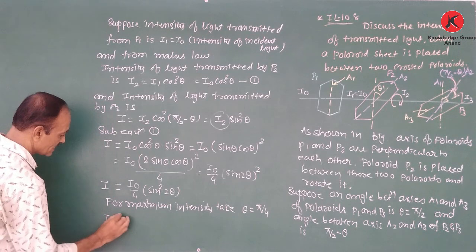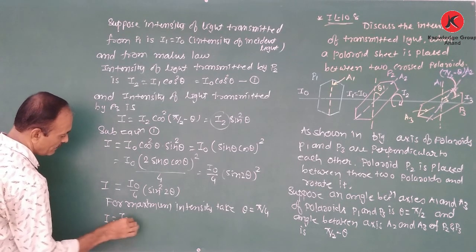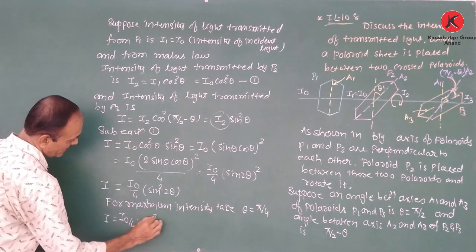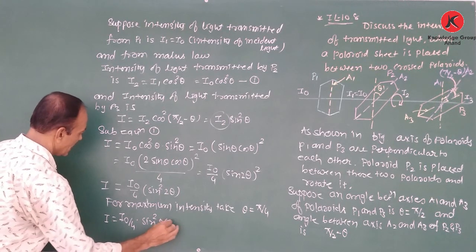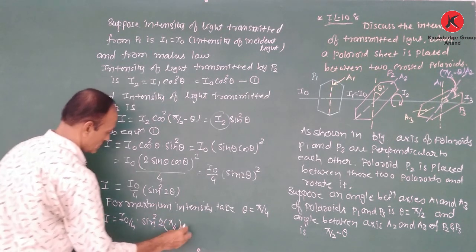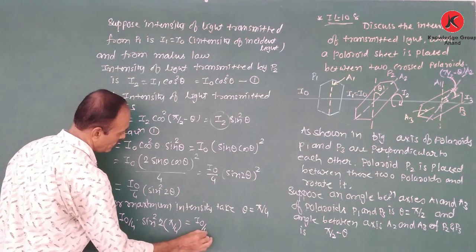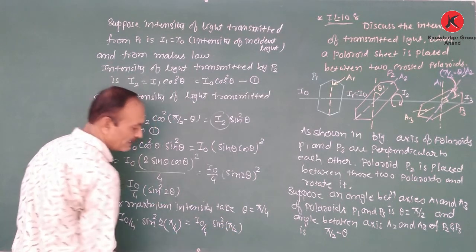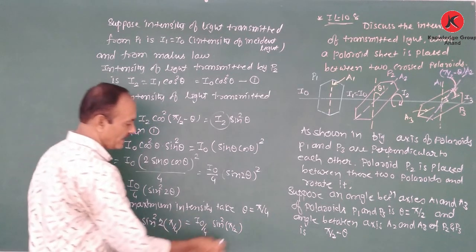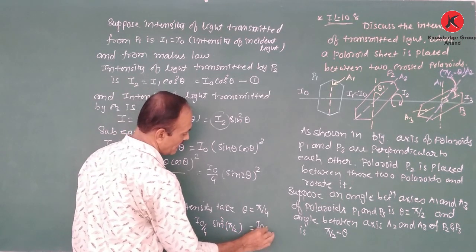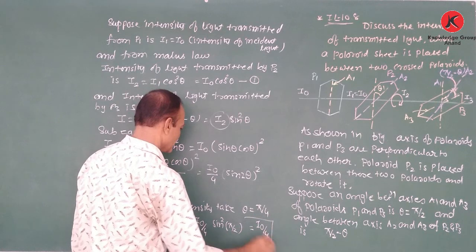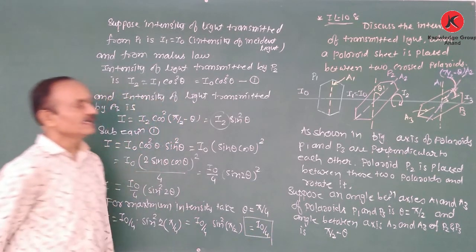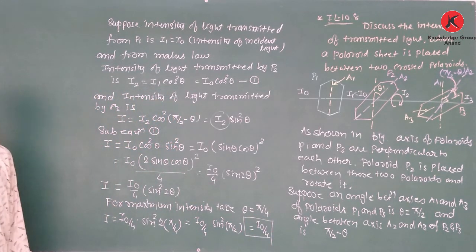Therefore, I is equal to I0 by 4 into sin square 2 theta, where theta is pi by 4. Therefore, I0 by 4 sin square pi by 2. Sin pi by 2 is 1, and the square of this is 1. Therefore, I0 by 4 is the intensity of light emerging out from the third polarity.